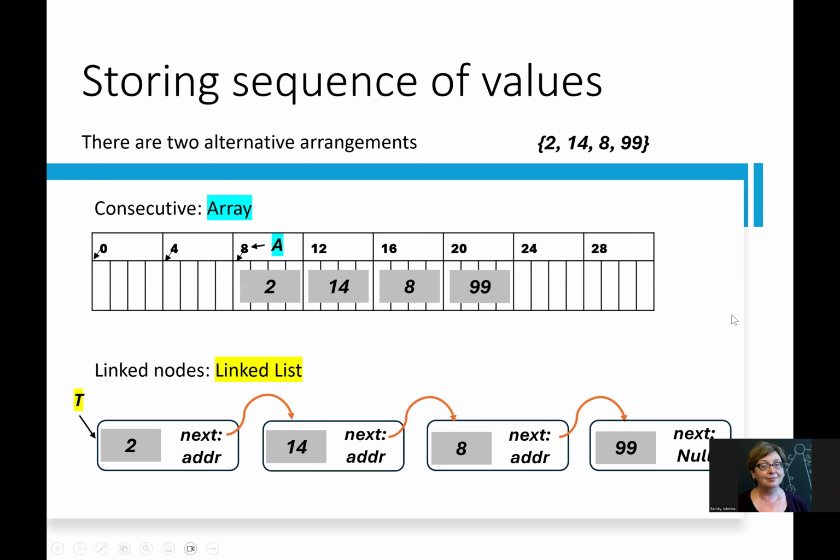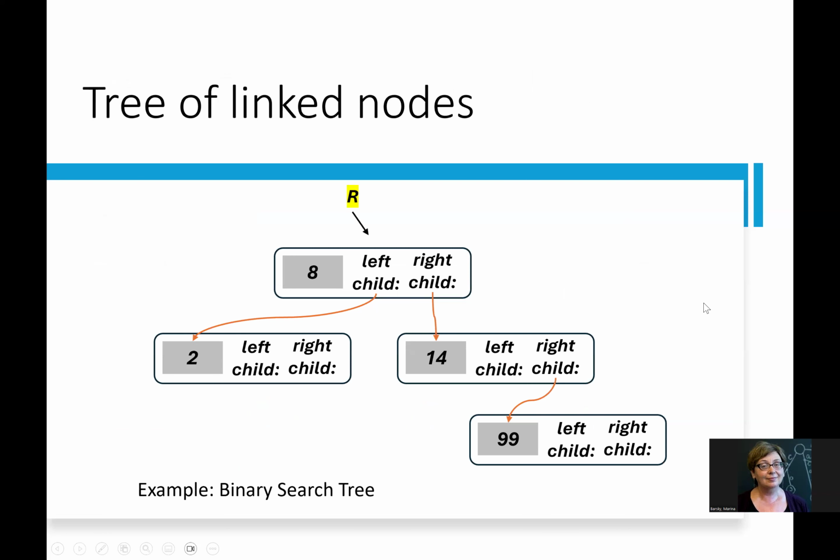For example, we can create a tree. In this arrangement, along with each piece of data, we store two memory locations, one for the left child and another for the right child of the node.